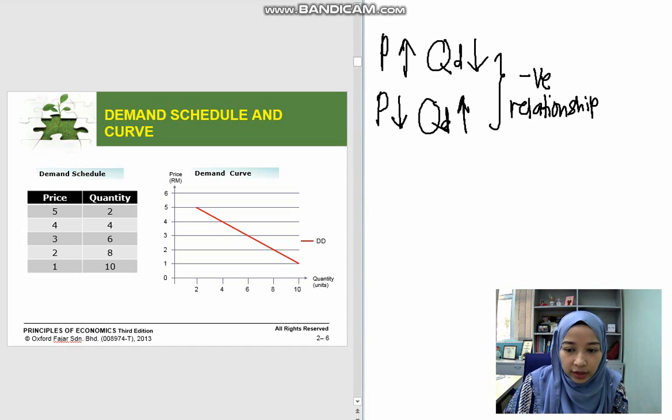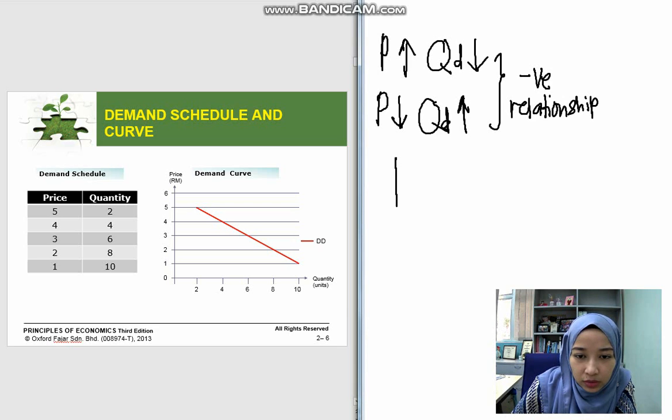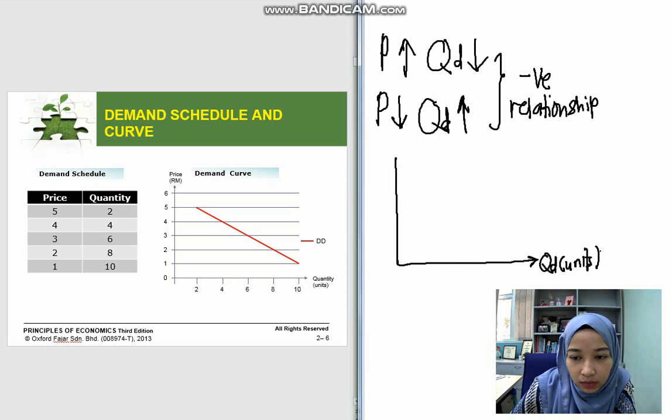You have the price on the y-axis, and then the quantity demanded on the x-axis. Put it as QD, quantity demanded in units. And then I have the price on the y-axis, which is in RM.